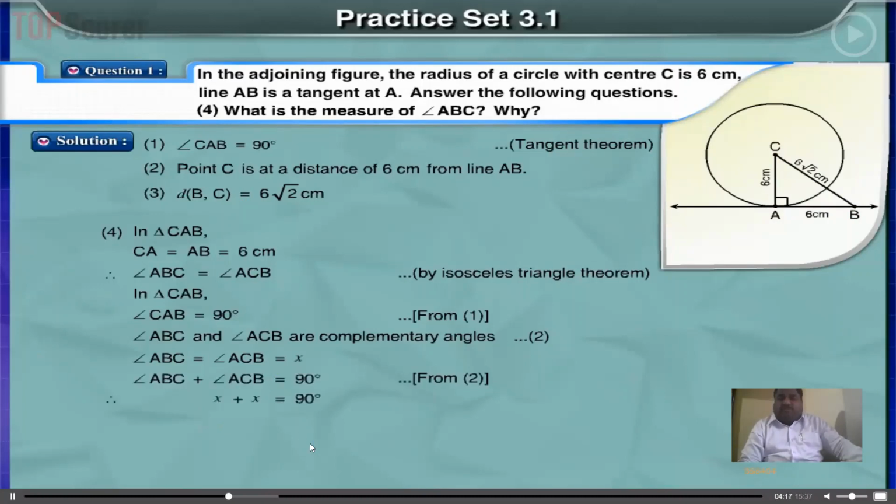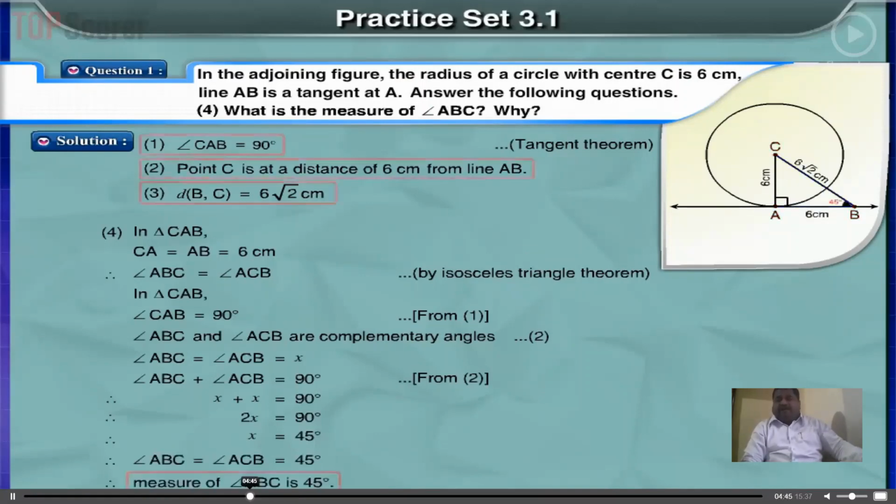That is 2x is equal to 90 degree. Therefore, x is equal to 90 upon 2. That is x is equal to 45 degree. Therefore, angle ABC is equal to 45 degree. Measure of angle ABC is 45 degree.